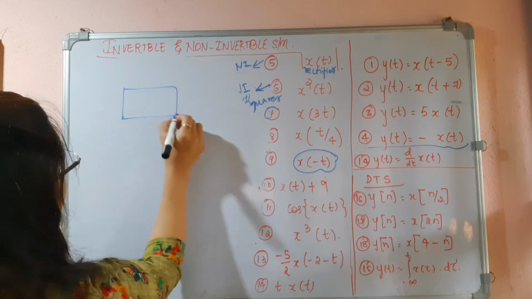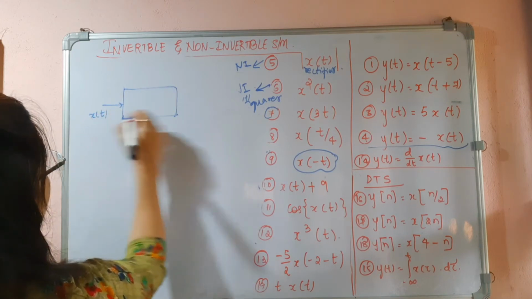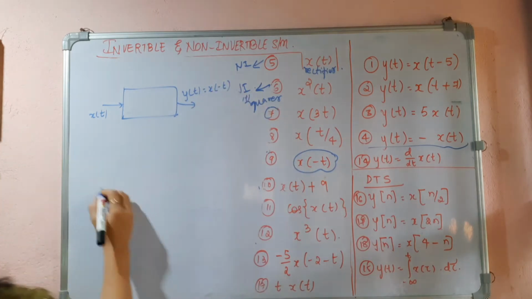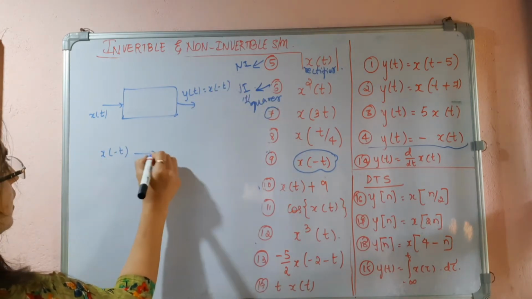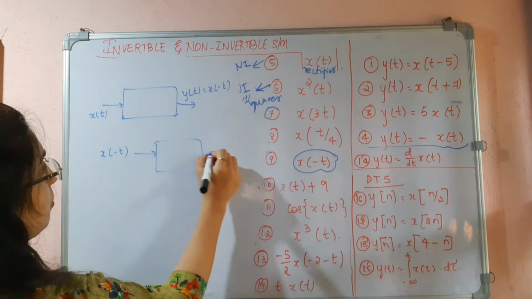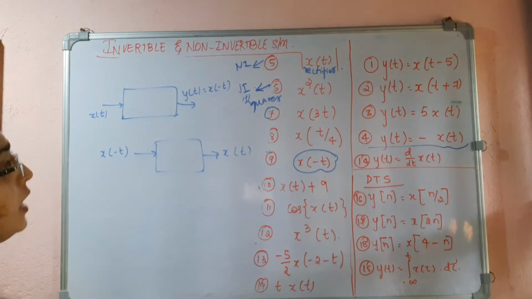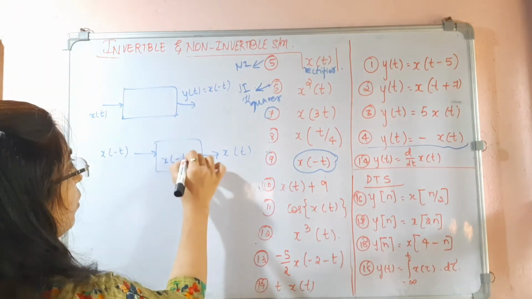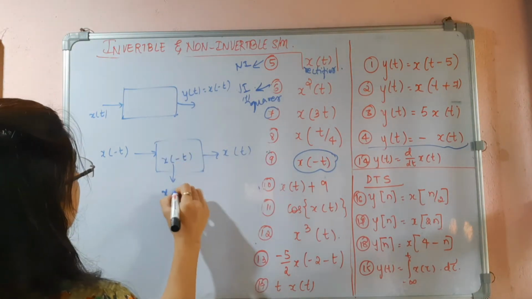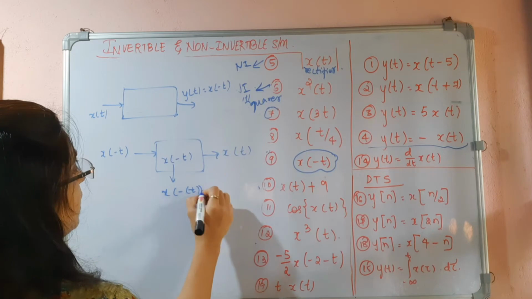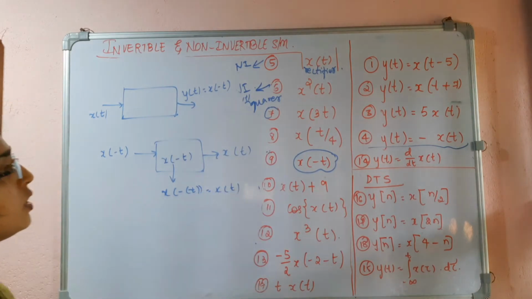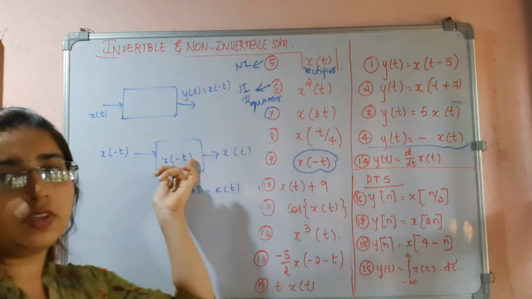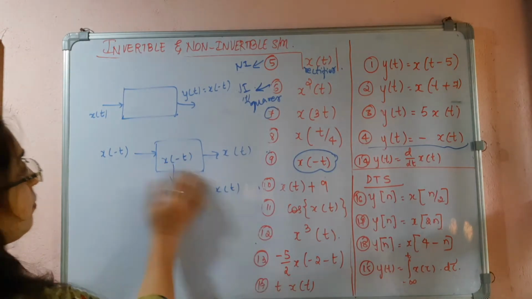If I give x of t as input, I get y of t equal to x of minus t as the output. Now if I give this as input to the inverse system, I should get x of t. That means I again have to perform the reversal operation. The t will be replaced by minus t, which gives x of t, so we have recovered the original signal. So x of minus t will be the inverse system.